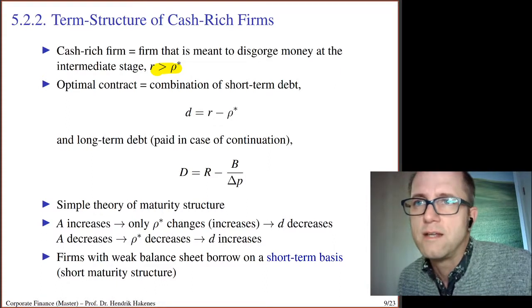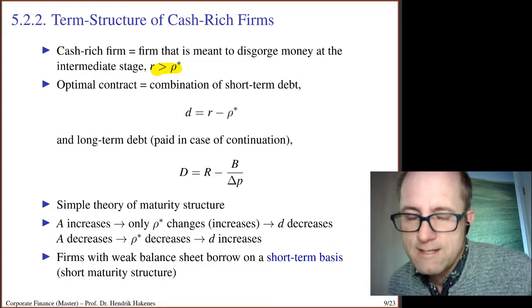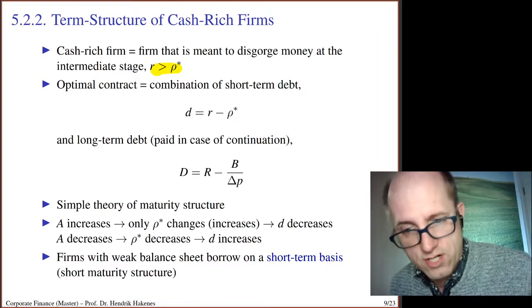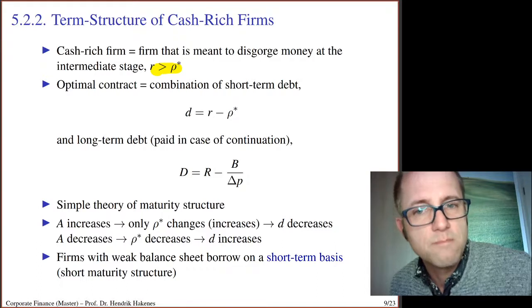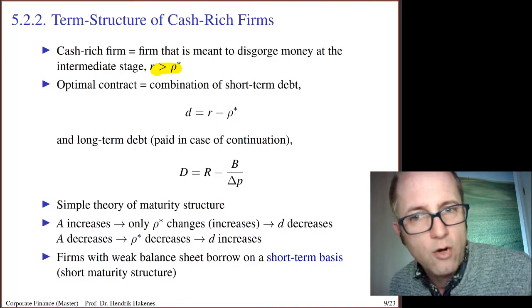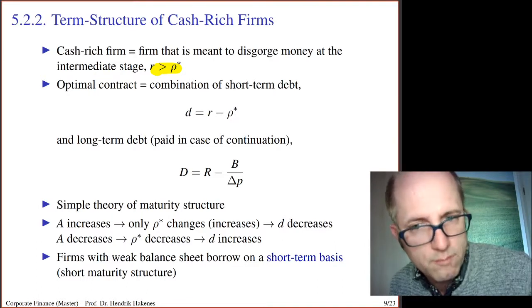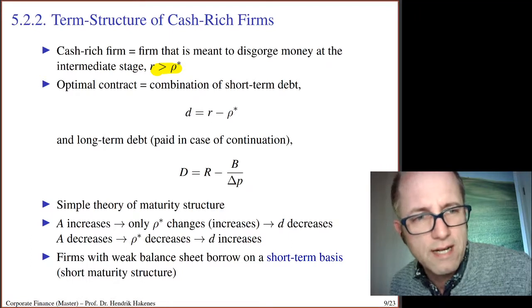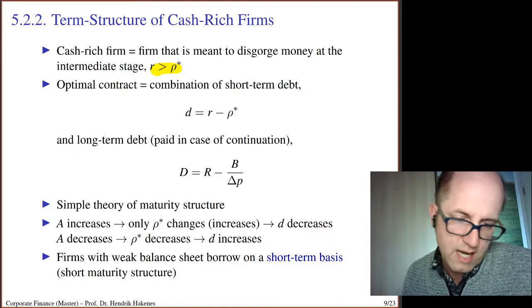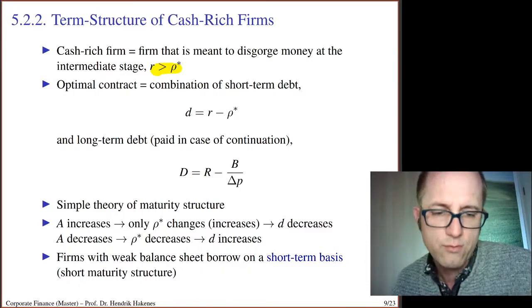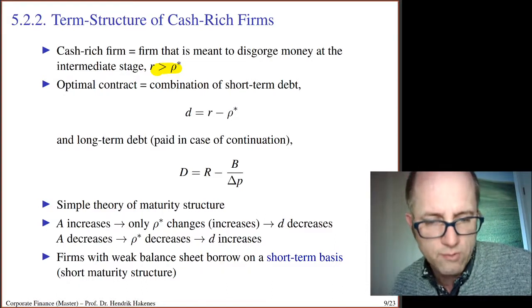And what does that mean? It means that the cash that the firm produces at the intermediate state is more than in optimum, in equilibrium, it should be allowed to use in order to repair the machine. So, for example, it could be that R is 1 million and the rho star is just 800,000.